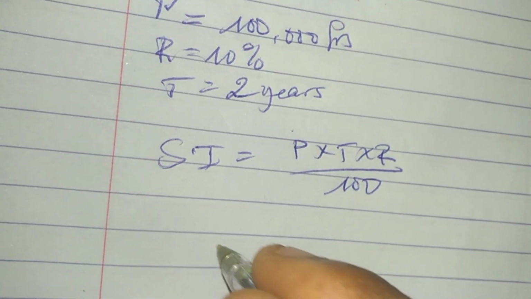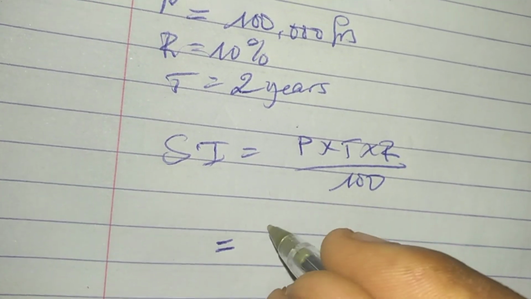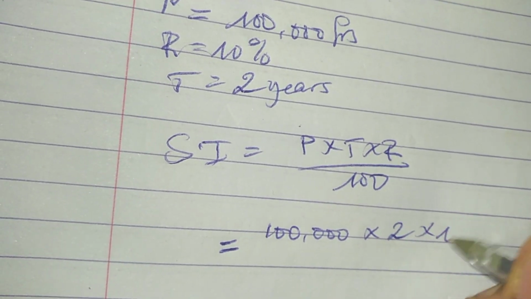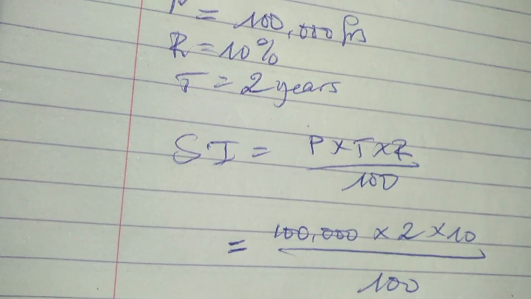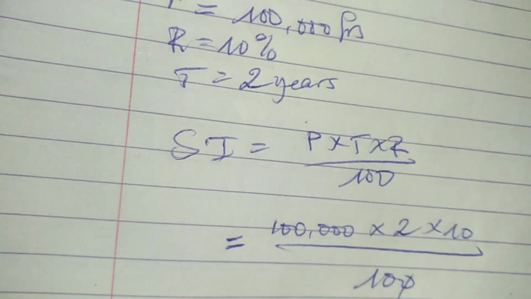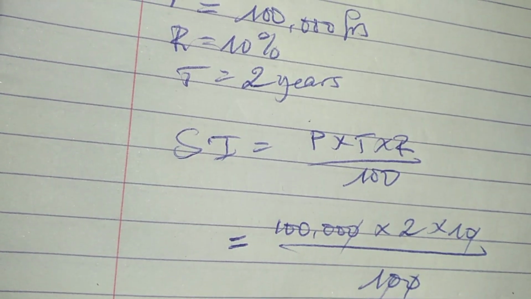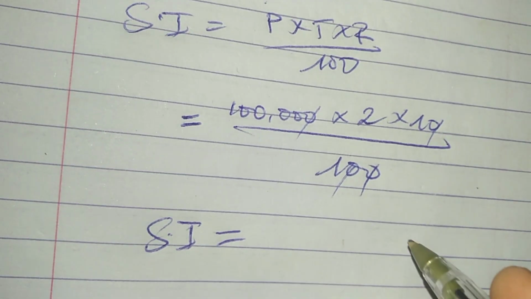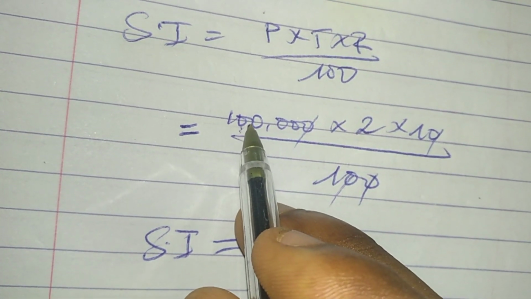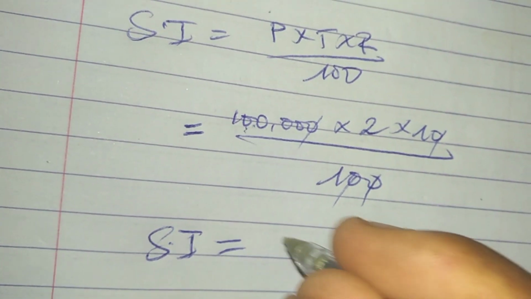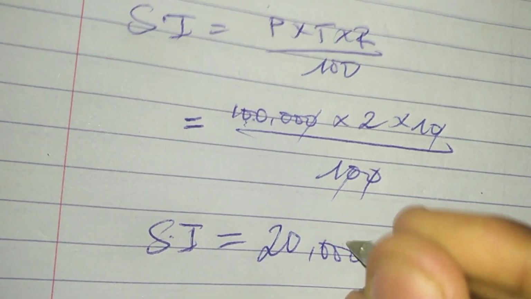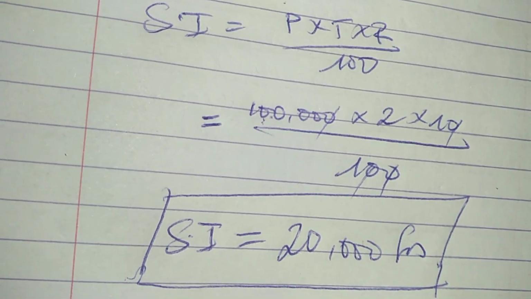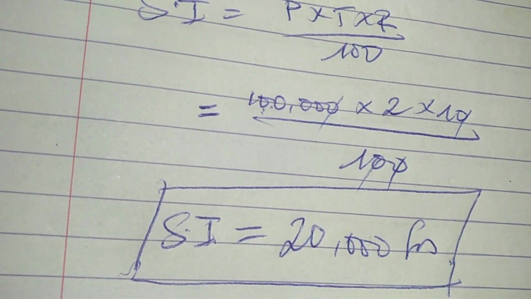And so now this interest will be a principal of 100,000 times the time of 2 years times the rate of 10% over 100. So now this 100 can cancel this way, and you're left with 10,000 times 2, that's 20,000 francs. So I box my answer, simple interest of 20,000 francs.